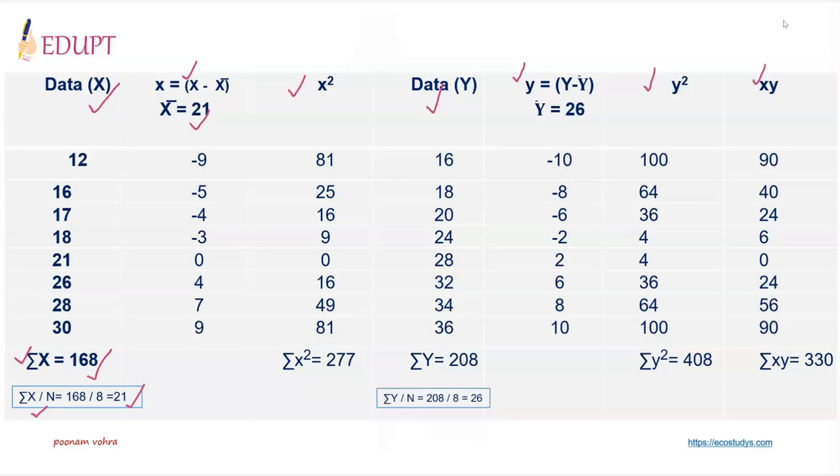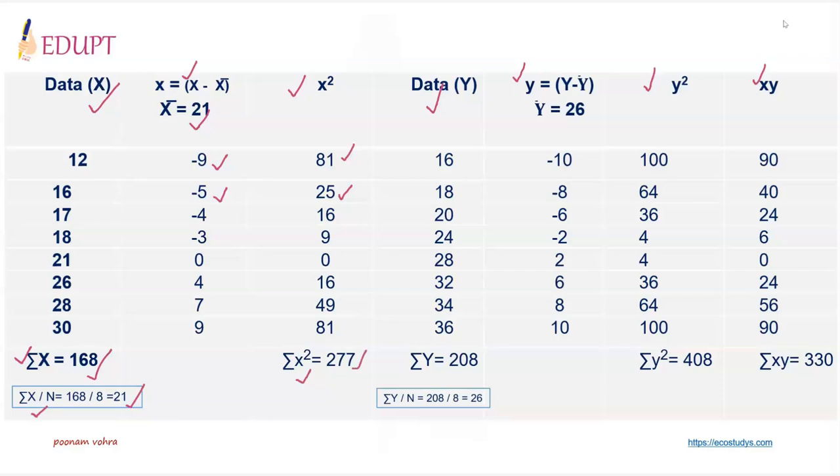That is 12 minus 21, minus 9; 16 minus 21, minus 5; and so on. Complete the series. Then you need to square up the deviations. Minus 9 into minus 9, 81. Minus 5 into minus 5, 25, and so on. And finally I have the summation of squared deviations, which is 277.